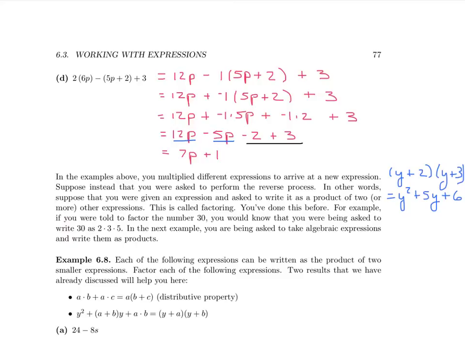You're taking an expression and writing it as a product, like here, 2 times 3 times 5, and here as a product of 2 smaller algebraic expressions. In the next example, you're going to be asked to take algebraic expressions and write them as products. In other words, you're being asked to factor algebraic expressions.